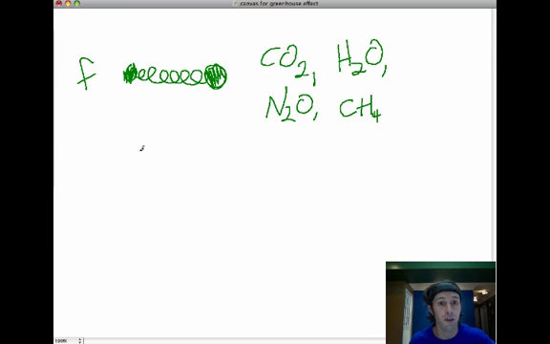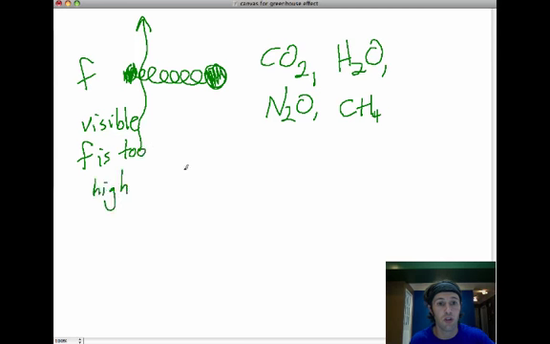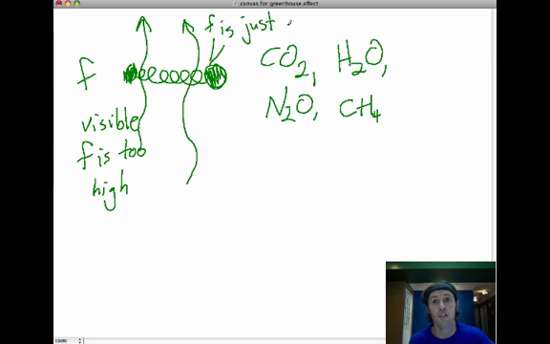Visible light may come bouncing off the surface of the Earth and go right through it, because for visible light, its frequency is too high, and it goes right through the greenhouse gases. But if you have something like infrared radiation, this greenhouse gas molecule is going to say that frequency is just right.